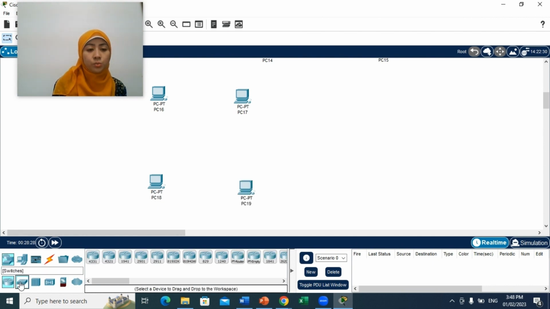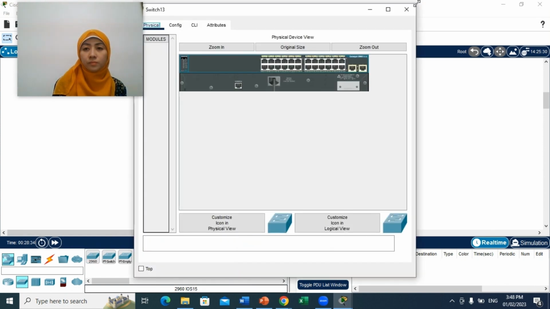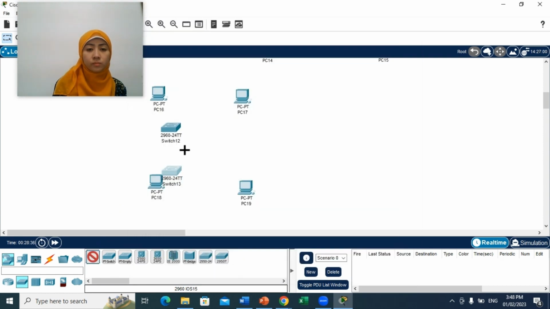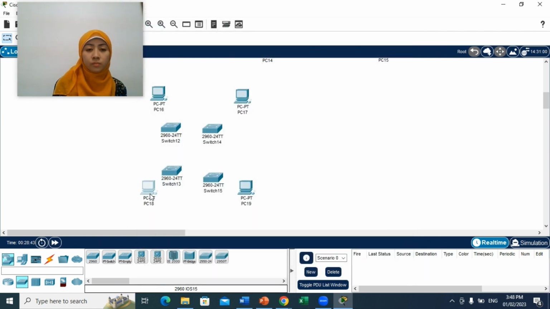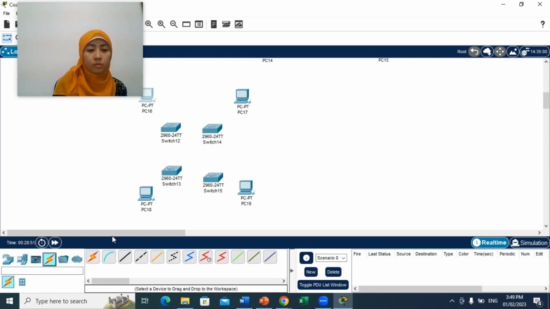So first, I will do a ring topology, and connect it all together.